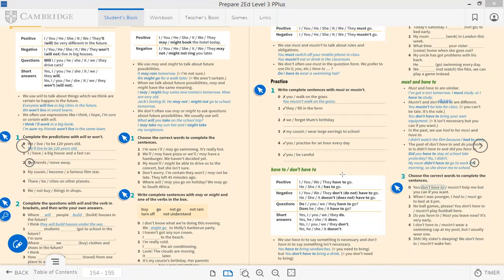What are you going to use? It is in past. So had to or must go? Had to, perfect. Underline or circle had to.